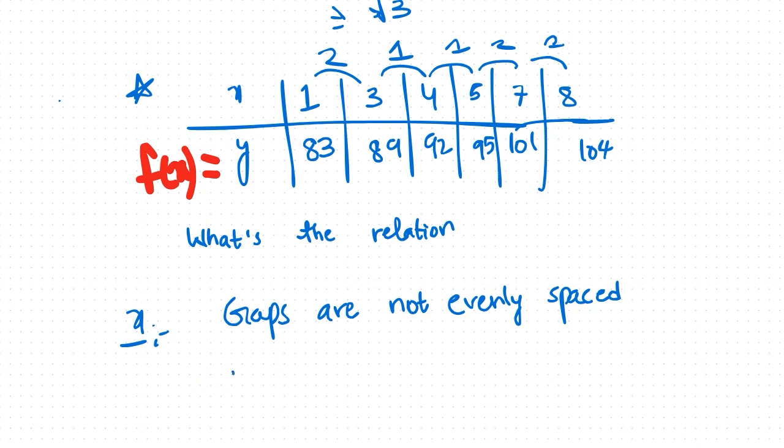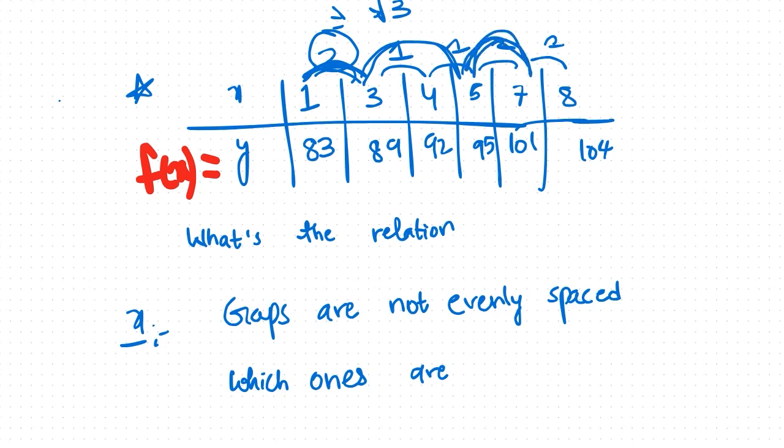Between 3, 4, and 5, or 1 to 3, 3 to 5, 5 to 7. Which ones are evenly spaced?